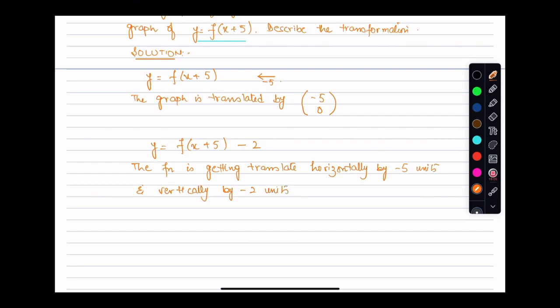Or in vector form, the vector is going to be (-5, -2). We always write the horizontal translation in the first row and the vertical translation in the second row. So this is how I will give this translation vector.